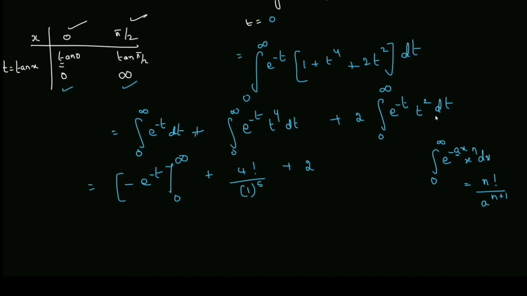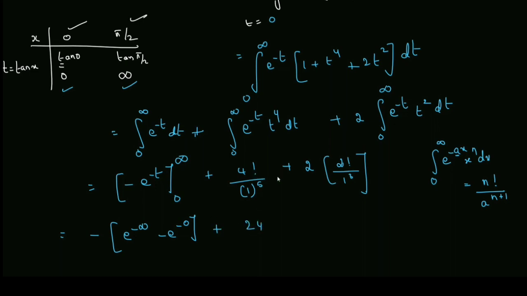In this case n is 2, so that is 2 factorial divided by 1 power 3. So that is equal to minus, here you apply the limit, e power minus infinity minus e power minus 0, plus 24, since 4 factorial is 4 into 3, 12 into 2, 24, plus 2 factorial is 2 into 2, 4.